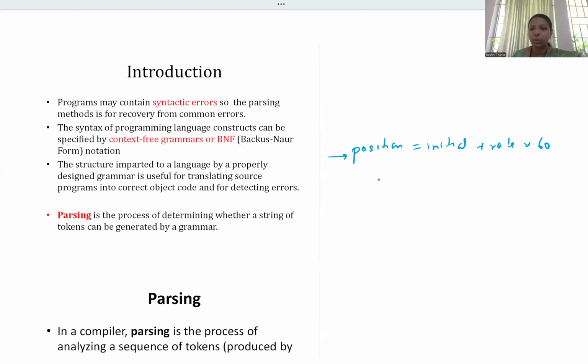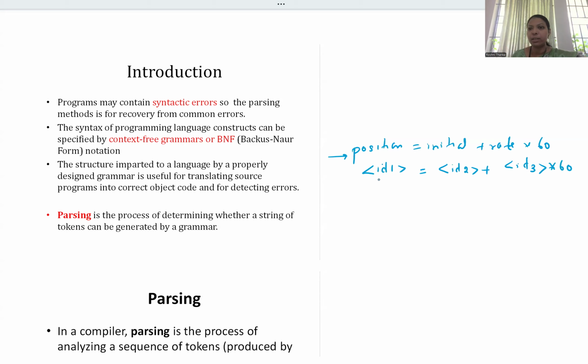This high-level language is converted into tokens, maybe like this: ID1. So position is an identifier. Then initial is also an identifier. Then plus is an operator. Then rate is an identifier, which can be, say, ID3, times 60.